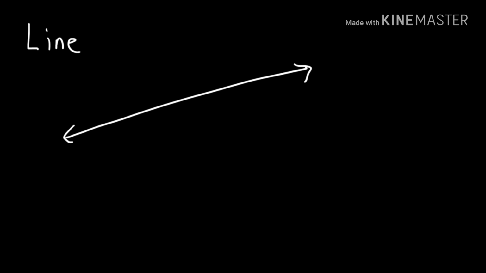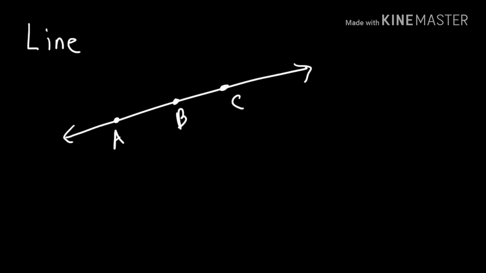Next, what is a line? If you're taking a geometry class, these are some basics that you want to understand. A line contains many points, and it extends infinitely in both directions. So it could have point A, point B, point C, and so forth.